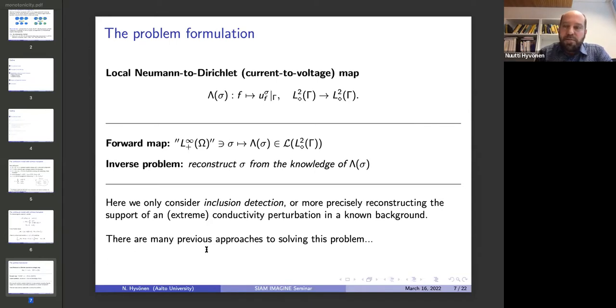There are many methods for inclusion detection in EIT. So I decided to not list any, because I would probably not list tens of methods anyway if I tried to have some comprehensive list. This isn't the first method. I'm not claiming that this is the best method, but at least I find it interesting due to certain physical interpretations.